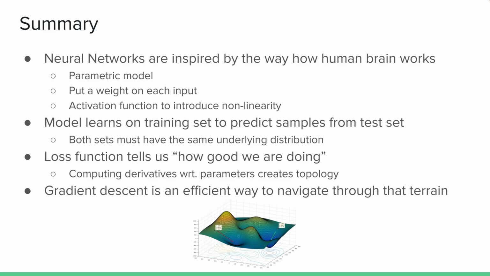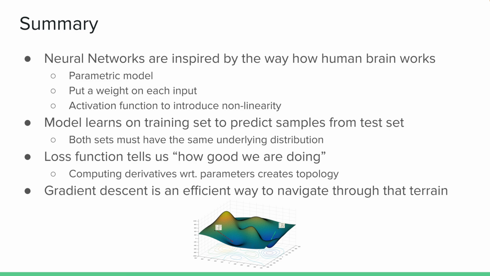The models learn on our training set to predict samples from the test set, and it's important for the underlying data set that both must have the same underlying distribution for the model to generalize well to previously unseen data.